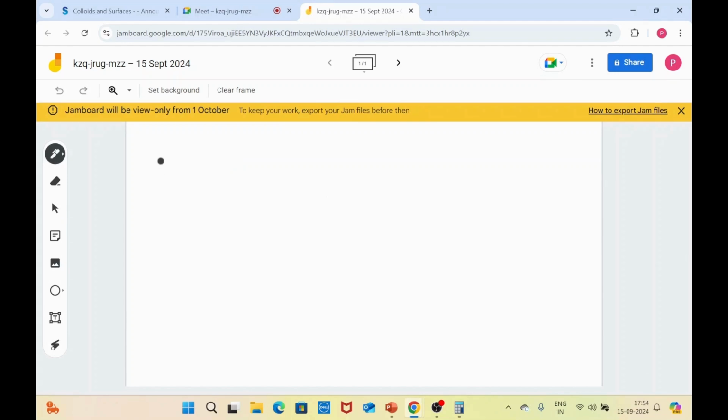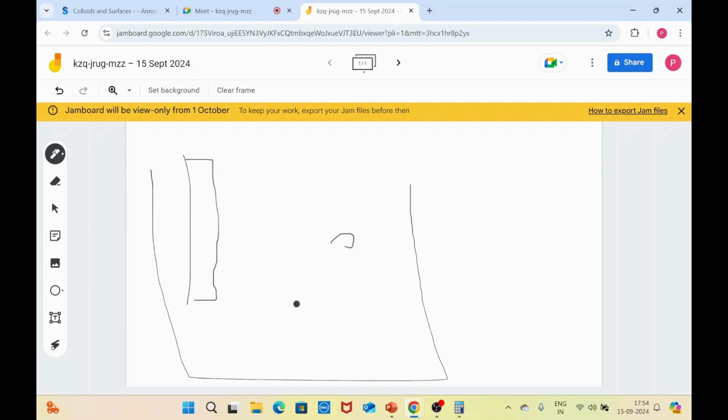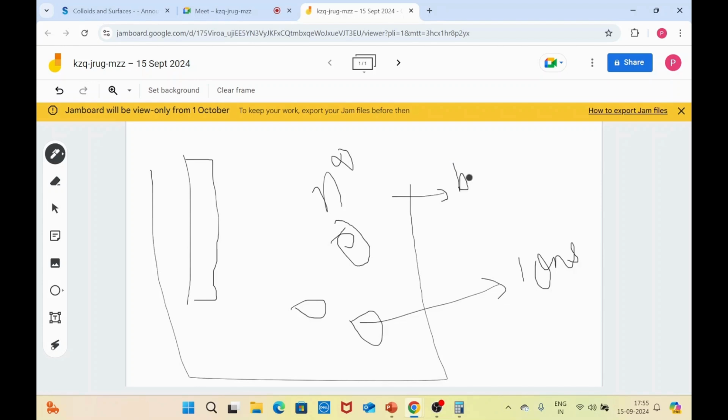So for example, if you take a surface inside a solution, it can be any surface, here I'm taking a planar surface. There will be these electrolyte ions, right? So these are ions. Any ions that are present at a far away distance, you can take as N infinity. These are N infinity. You can say that N infinity is nothing but bulk concentration.